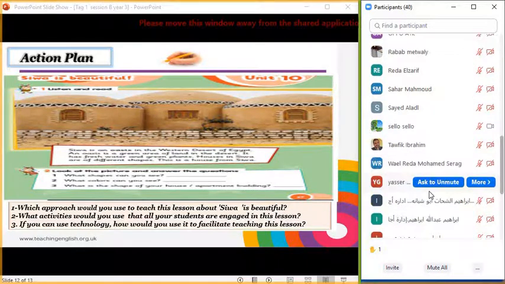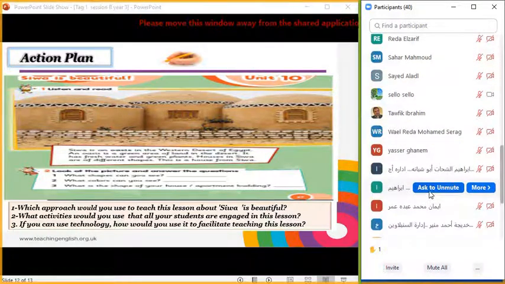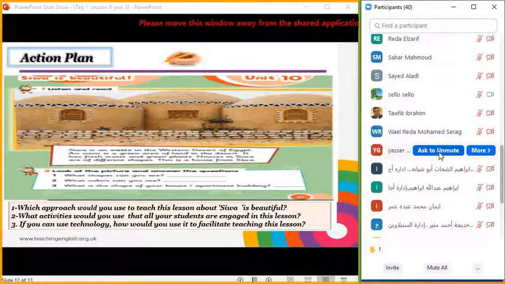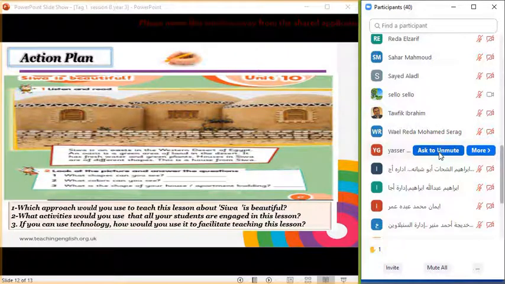I can use technology in this task, for example, a video about Siwa or a song that will involve pupils or learners in the task and give information about Siwa.